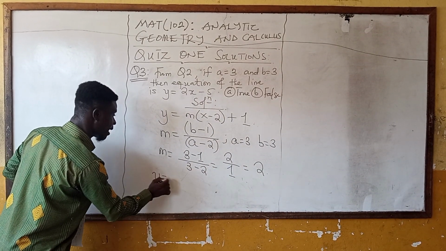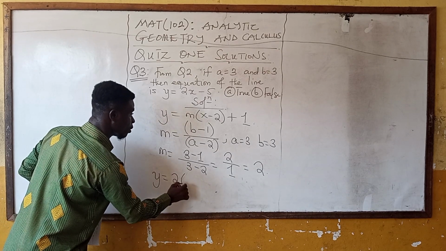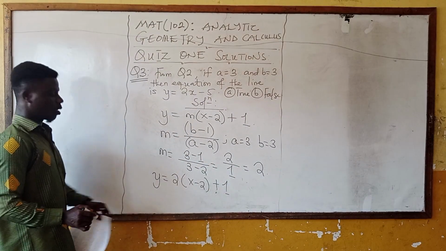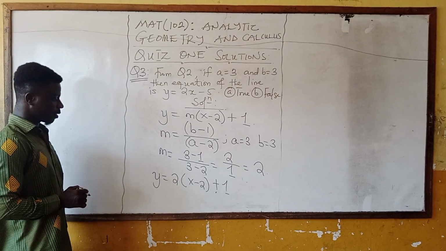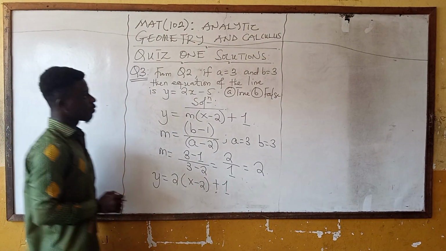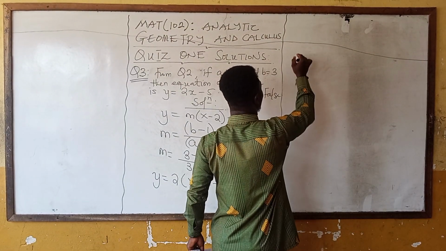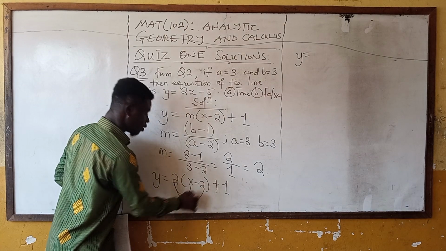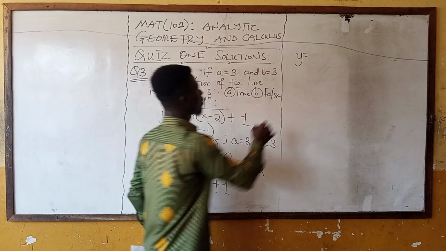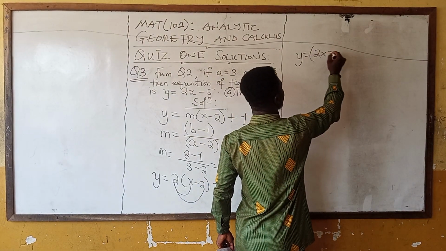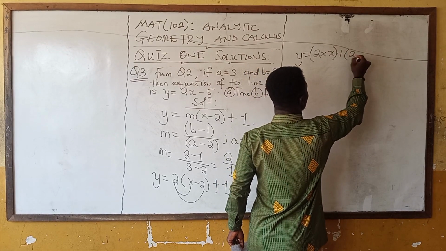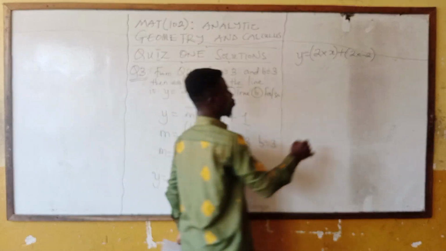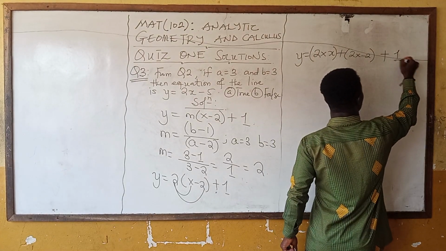So we can substitute it inside. I have y equals 2 multiplying x minus 2, plus 1. We can open the bracket. We have y equals 2 multiplying x, and 2 multiplying negative 2. So we have 2 times x plus 2 times negative 2, then plus 1.